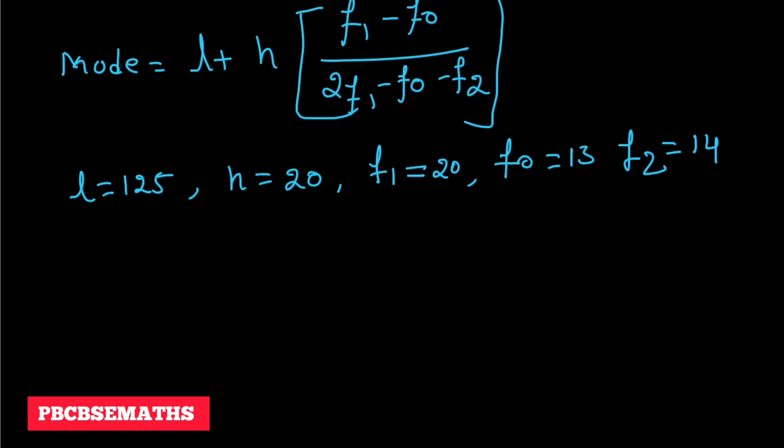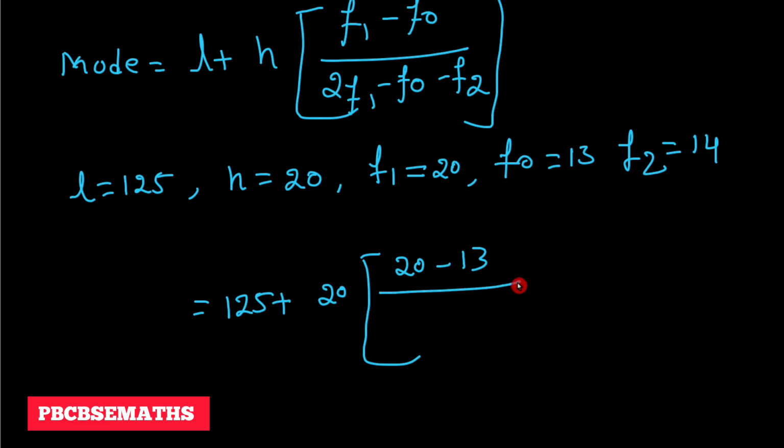So let's write that one by one. The value of L is 125 plus H value is 20 times F1 value is 20 minus F0 value is 13 divided by 2 into F1 value again 20 minus F0, that is 13, minus F2 value is 14.